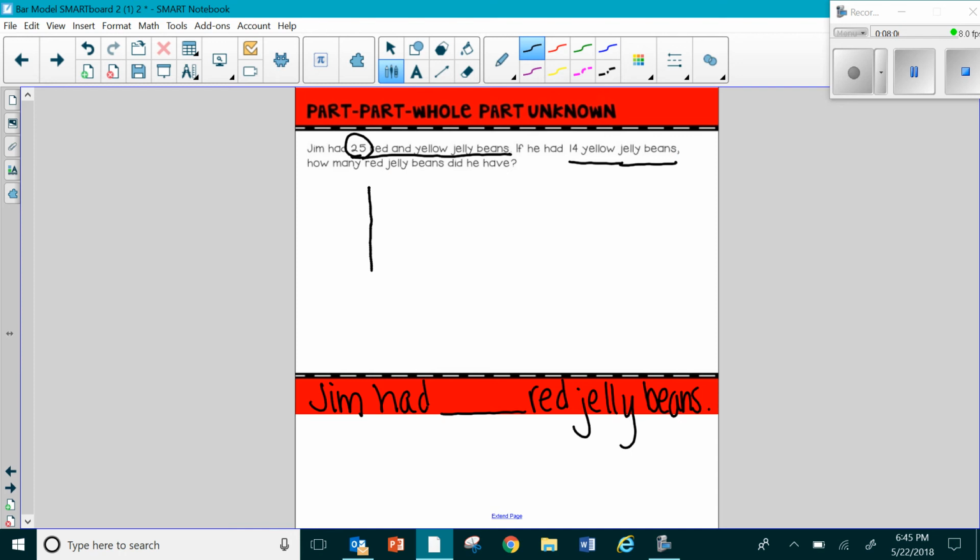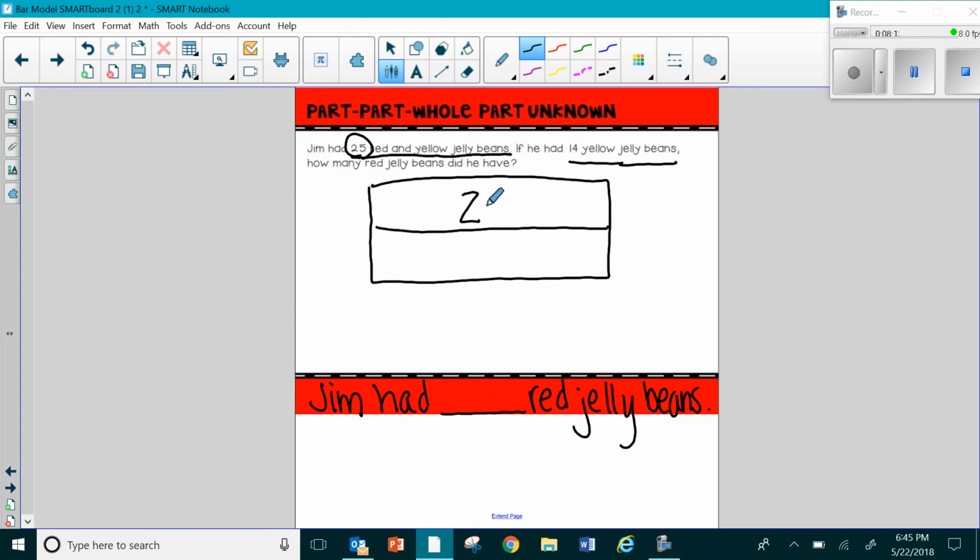So when drawing my model, we know the total, which is 25, but we only know a part. He had 14 yellow jelly beans, and we're looking for the other part, which is red.